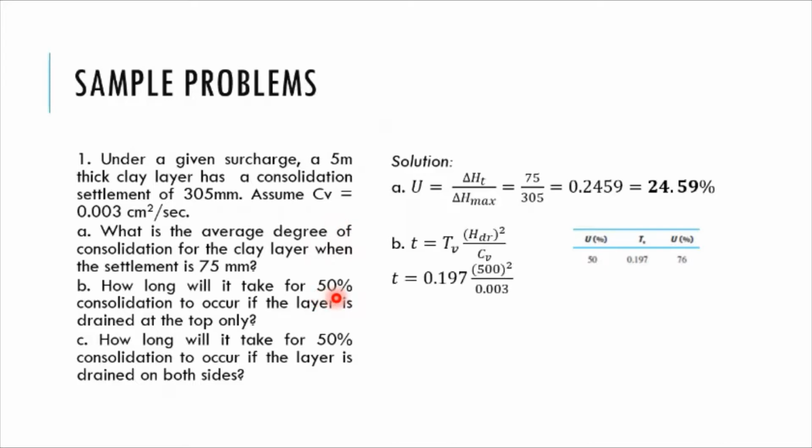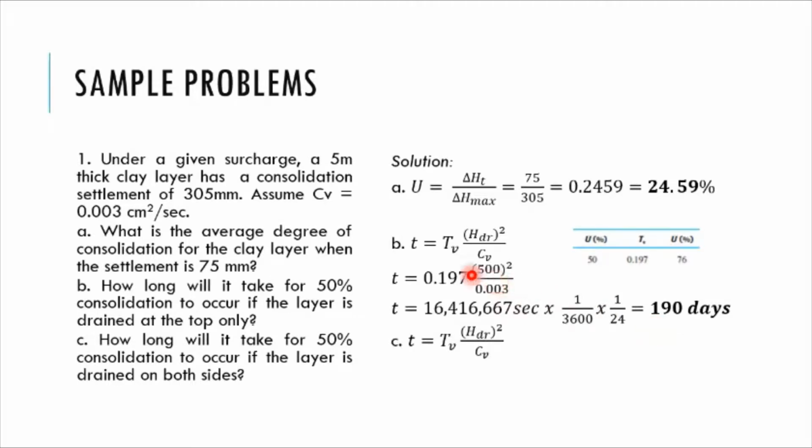So 0.197 multiplied by 5 meters, or 500 centimeters, squared, because Cv is in centimeters, over 0.003. This will give us time in seconds: 16,416,667 seconds, converted to days is equal to 190 days.